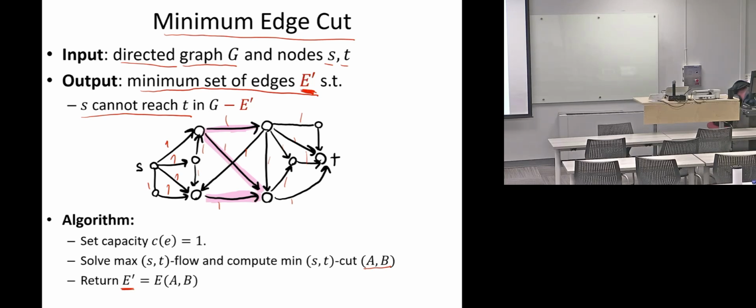So the capacity of the cut is just the number of edges crossing the cut. So the min capacity cut is just the cut such that the number of edges crossing it is minimized.